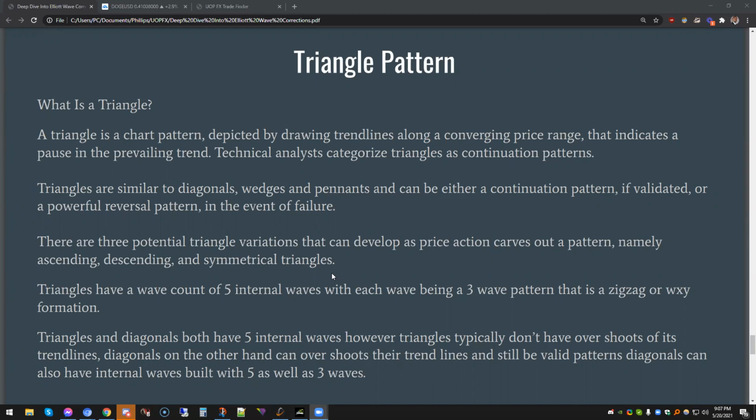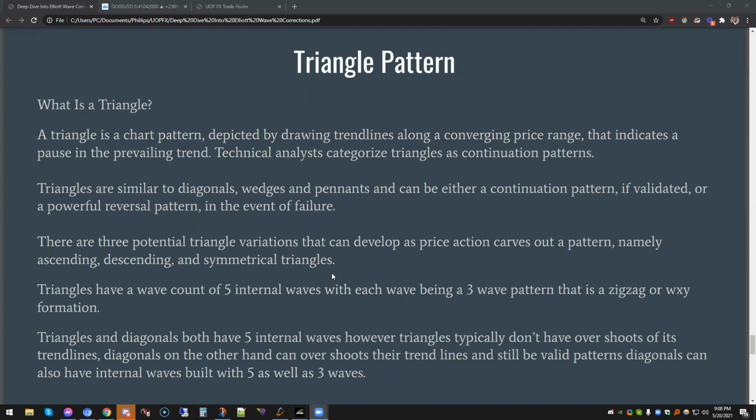These patterns can either be a zigzag or a WXY formation. A zigzag would carry a wave count of 5, 3, 5. We can have the ABC, which could also be 5, 3, 5.